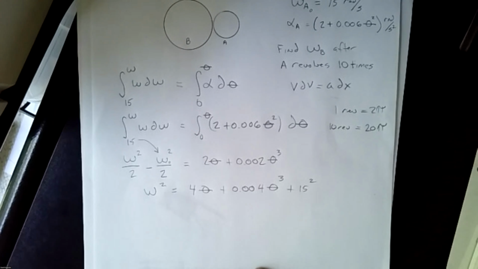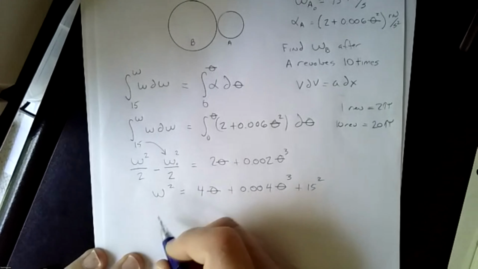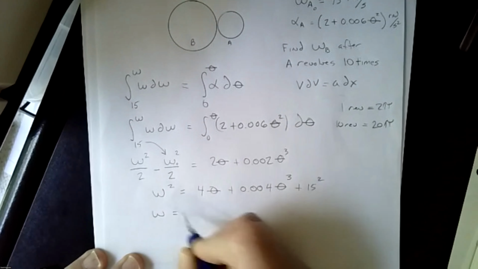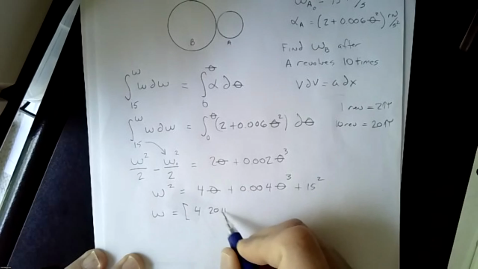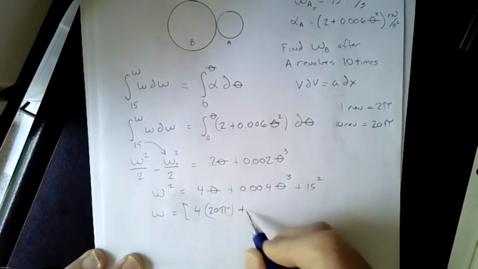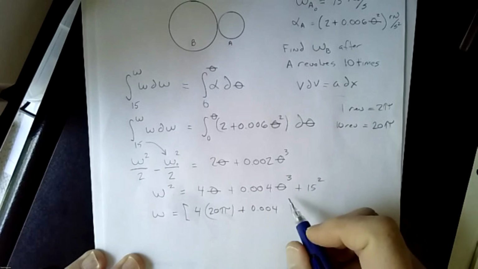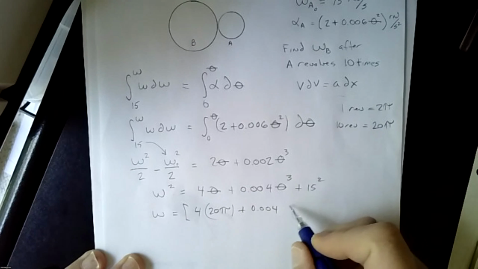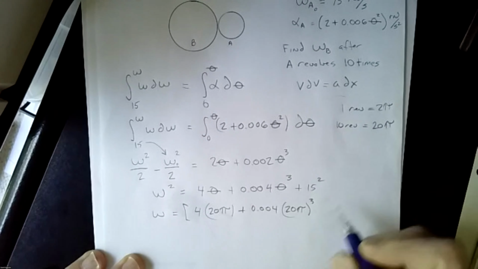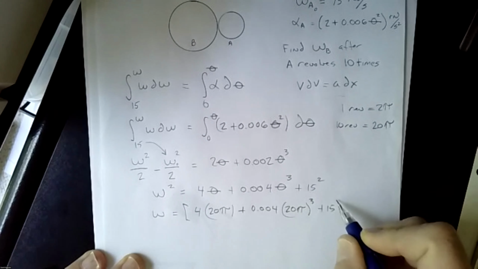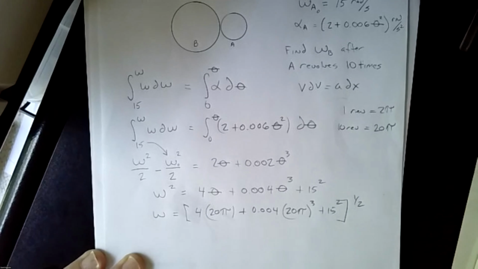All right. So what we'll do then is we'll just plug in, and we'll know that omega equals 4 times 20 pi plus 0.004 times 20 pi cubed plus 15 squared, 225, and all of that to the 1/2.